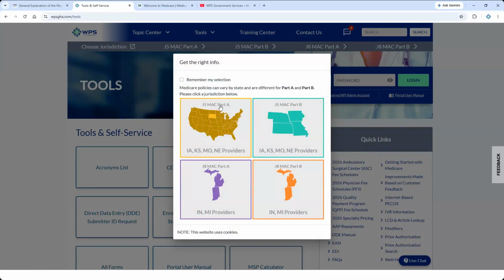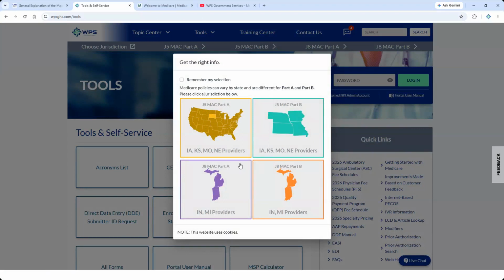Pick your jurisdiction for claims processing and the way in which you submit, or line of business as CMS likes to call it. So Iowa, Kansas, Missouri, Nebraska, and our national contract, which is UB04 or 837I line of business, you are J5A. If you're in Iowa, Kansas, Missouri, Nebraska, and you submit a 1500 or 837P, you are J5B.